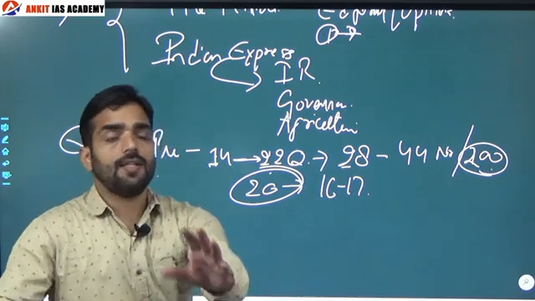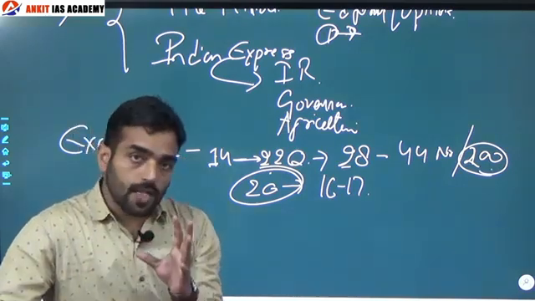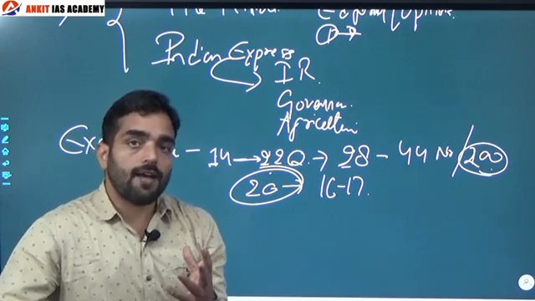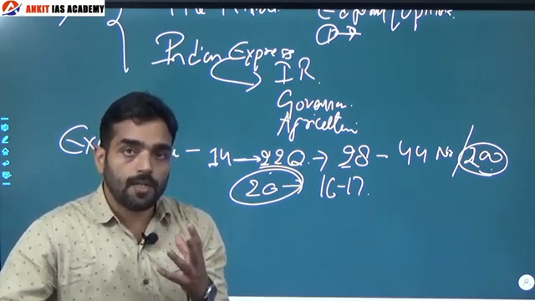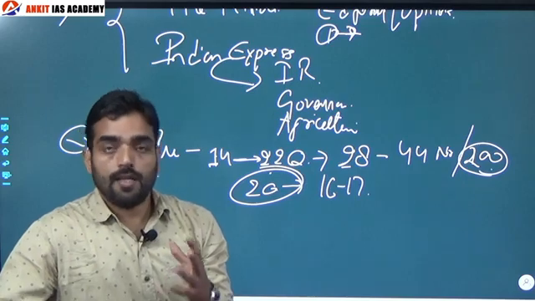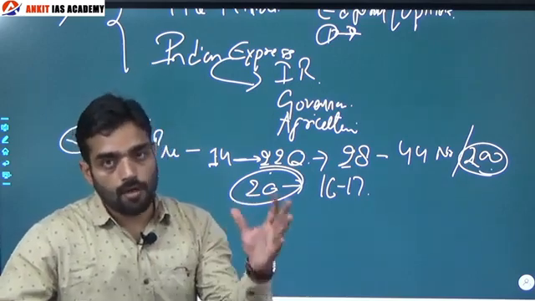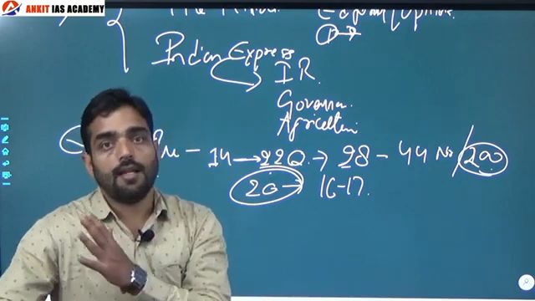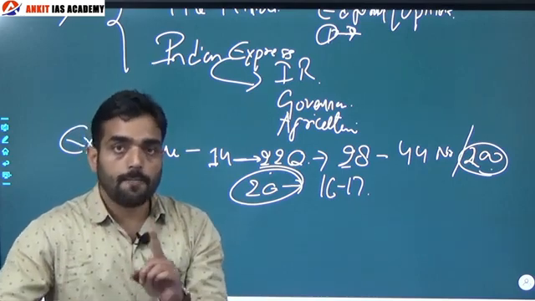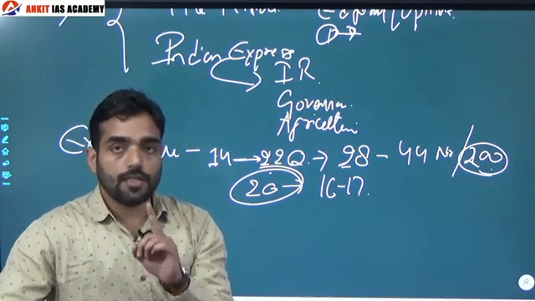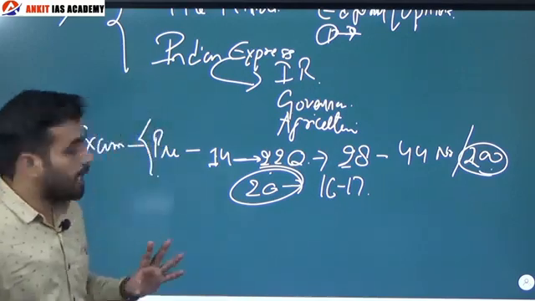In fact, if you see the entire GS paper 2 syllabus, it is only the polity part from where the questions come in the pre-exam. In the mains exam, yes, there is weightage for all three parts, that is polity, social justice and IR. But in mains, only polity and governance, polity and constitution, have major importance.